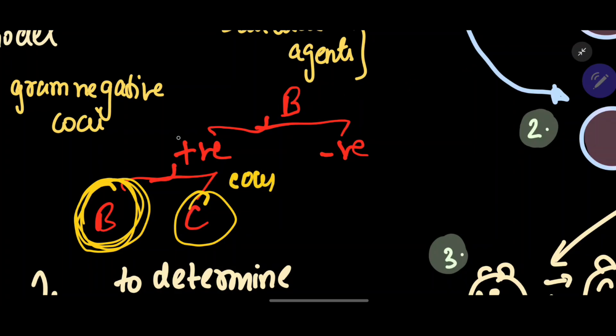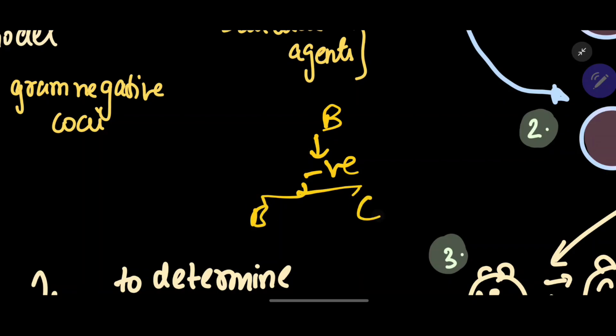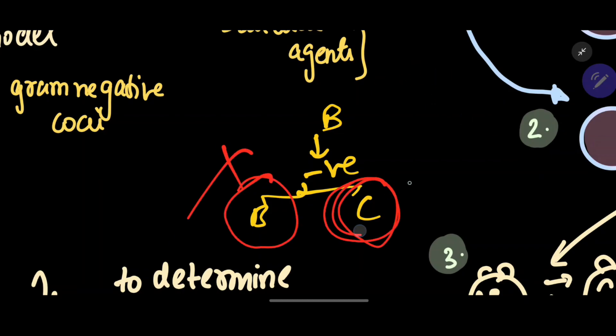So let's forget this for now. Let's just talk about bacteria that are negative. And then I said that there are bacilli and cocci. Now, your bacilli don't have any mnemonic, so let's forget them. Our cocci do have a mnemonic. You can remember them. They're so easy.